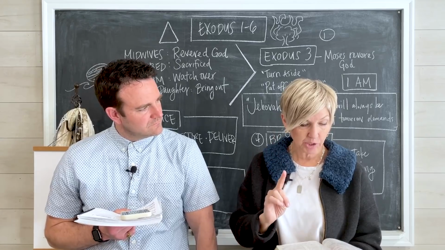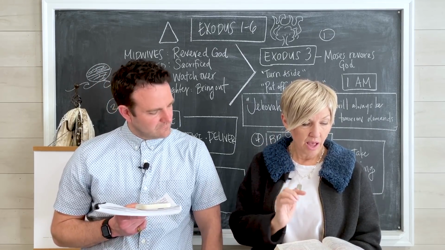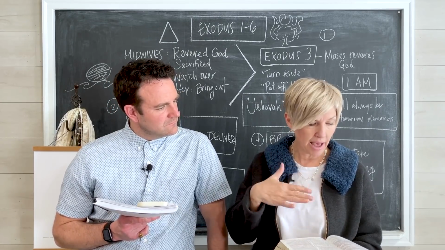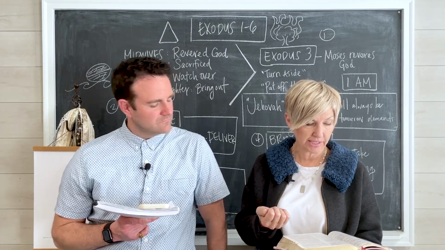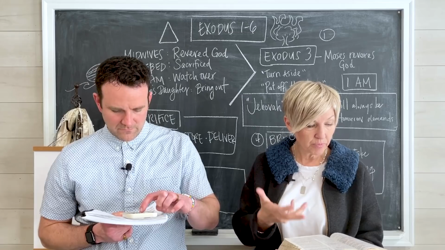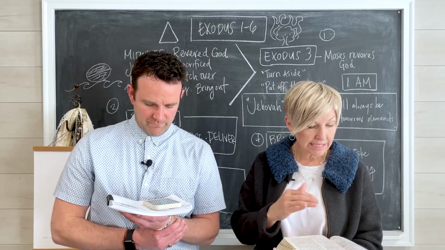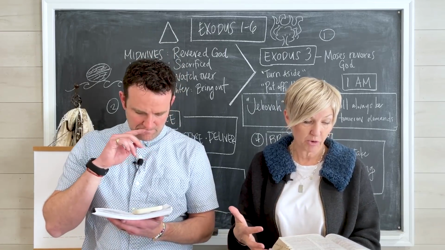I have established my covenant with them. In 5, I have heard the groaning of Israel. I have remembered my covenant. In 6, I am the Lord. I am who I said I would be, and I will bring you out from under the burdens of the Egyptians, and I will rid you or deliver you out of their bondage, and I will redeem you with a stretched out arm and with great judgments, and I will take you to me for a people.